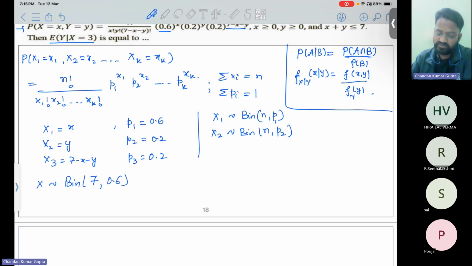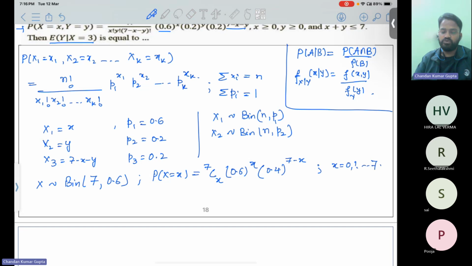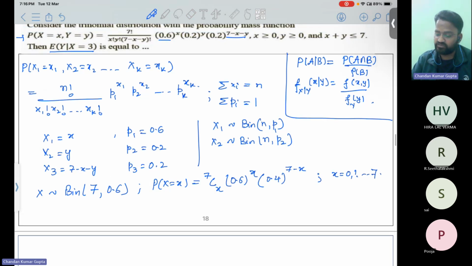So the probability that x equals x is n c x p to the power x and 1 minus p, or q you may say, to the power n minus x, for x from 0, 1 up to 7. So the marginal PDF of x is calculated like this. It follows the binomial distribution with parameters 7 and 0.6.